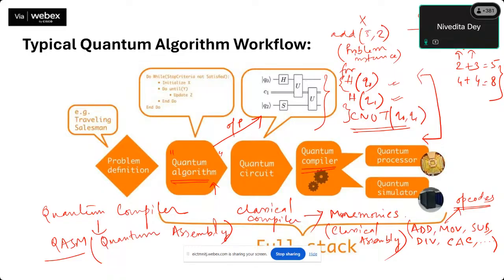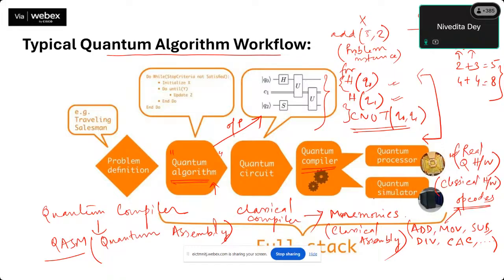Okay. And after that, you can do two things with respect to the typical workflow or the business case. First, if you are allowed to pass it to a quantum processor, you will pass it to a quantum processor, which is real quantum hardware. Or you can pass it to a quantum simulator, which is a classical, say HPC or powerful hardware.